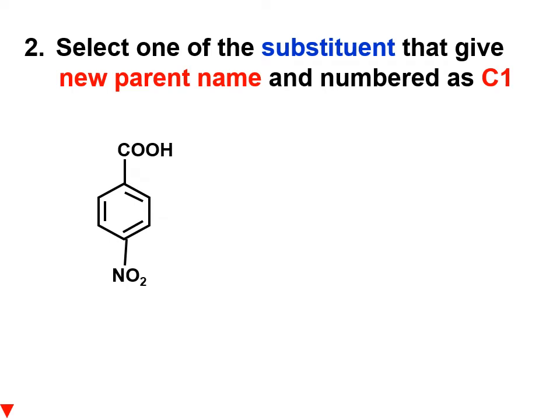Okay, so remember, when we want to select one of the substituents that gives the new parent name and numbering as carbon 1, it will be based on the priority of the functional group. So now, carboxyl group and the nitro, which one should be your priority? It will be your carboxyl group. So the carbon attached to the carboxyl group will be given as carbon 1.